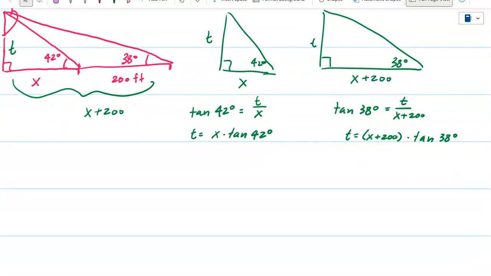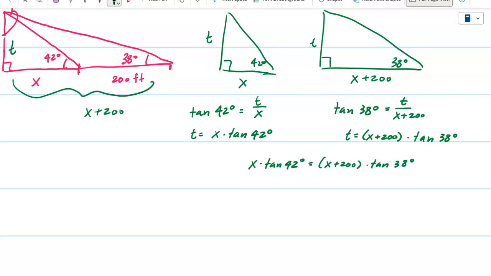And then couldn't I set both of these equations equal to each other since they both equal t? So x times tangent of 42 degrees equals x plus 200 times tangent of 38 degrees.